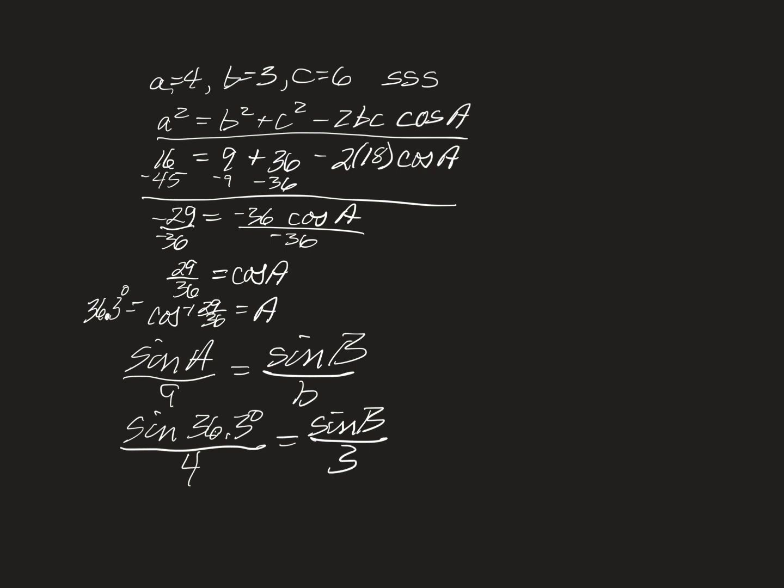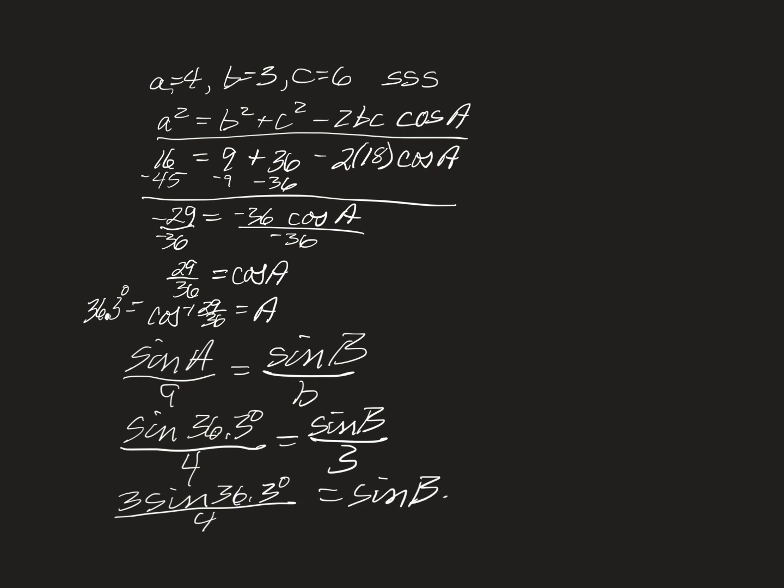And then cross multiplying and dividing, we end up with 3 sine of 36.3 degrees over 4 is equal to the sine of B.